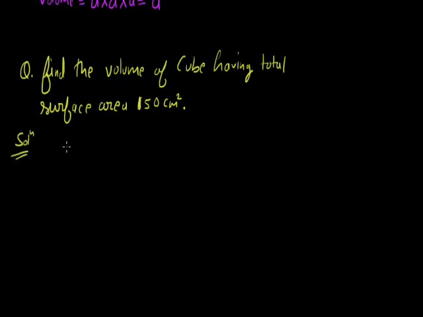So the solid given to us is a cube, and the side of the cube, let it be a, and its total surface area is given to us, that is 6a square, which equals 150 centimeter square.